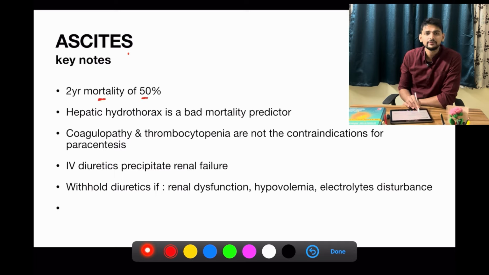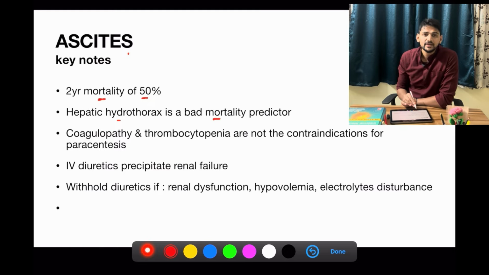So this is very important when we explain the prognosis or the disease condition to the patient attenders. Then if there is associated hepatic hydrothorax along with ascites, it is an indicator of poor prognosis, a bad mortality predictor.